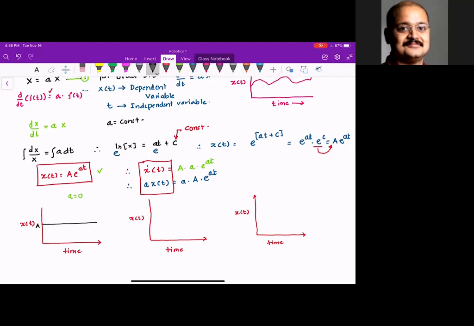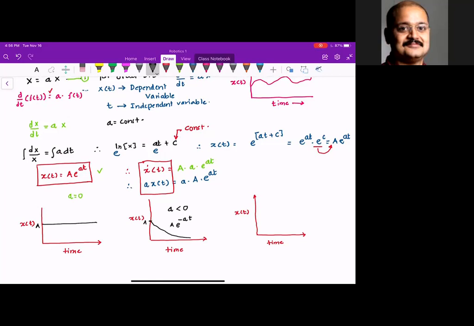Are you with me so far? Any questions here? Now, let's assume value of a is less than 0. So can you see that this is going to be a line like this, because this will be e to the minus at.